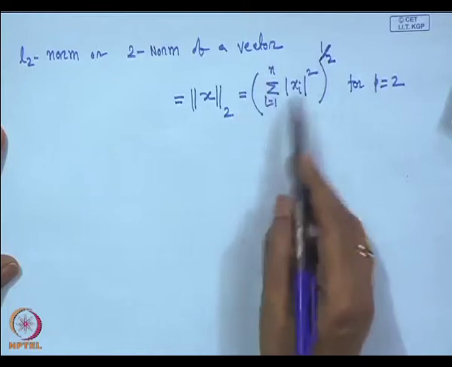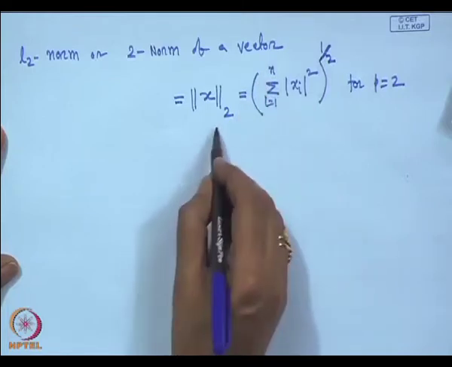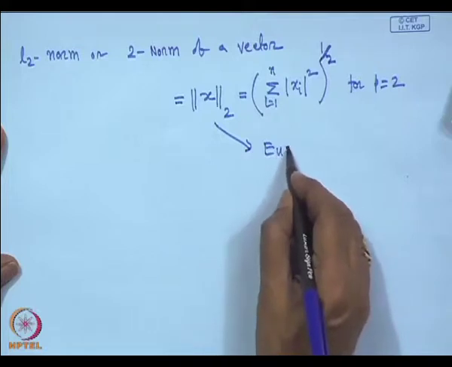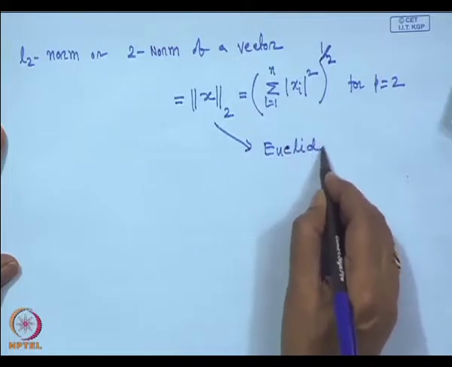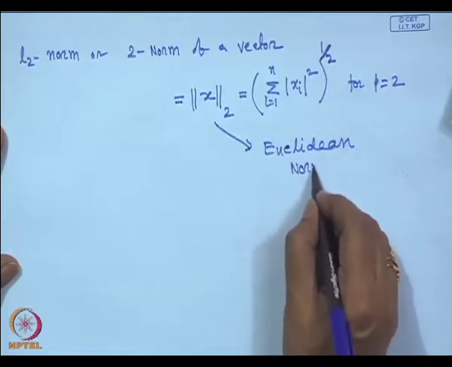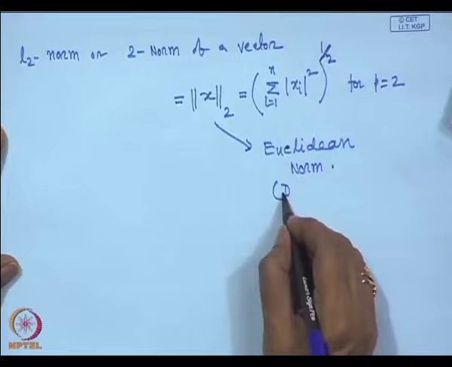This has some meaning. This norm is also called the Euclidean norm, or it is called distance.